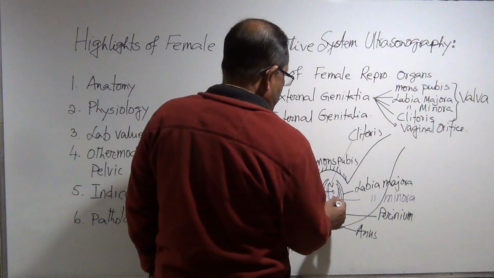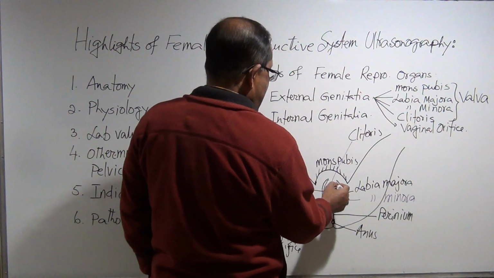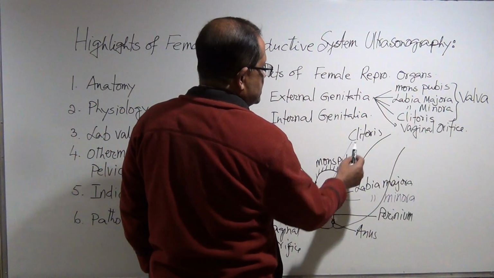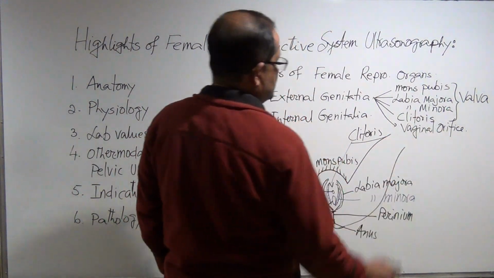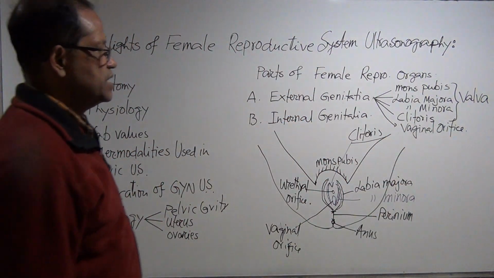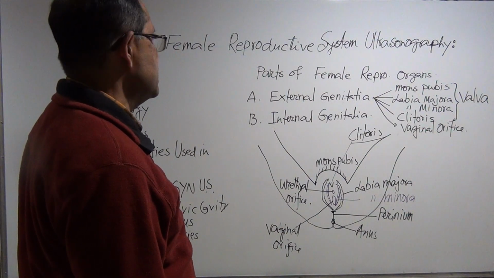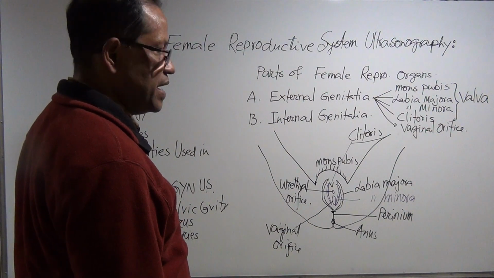And at the junction of this labia area, there is a very sensitive erectile tissue with a lot of nerve endings, known as the clitoris.